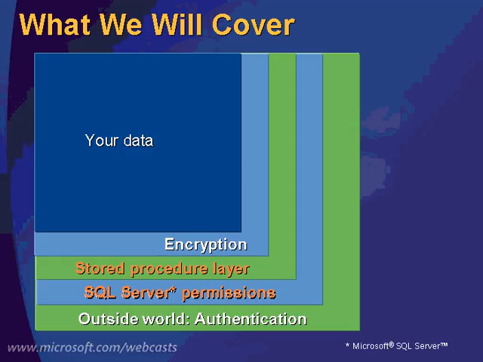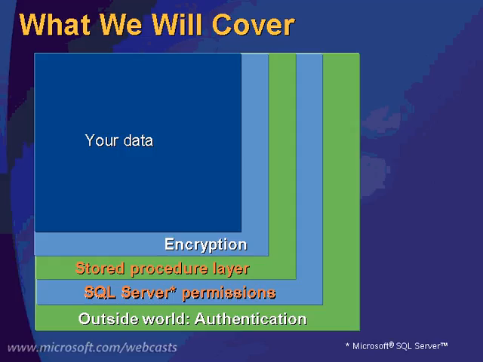That's everything before someone actually hits your server and gets authorized onto your server. Once we get there, we get into the SQL Server permissions layer, stored procedures, and then maybe some encryption. Finally, if a user has passed all of those hurdles, they'll get to the data.